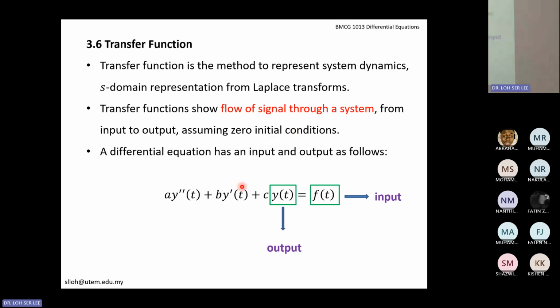Okay, so this is an equation that has an input and output. This F(t) is the input. And when you solve this differential equation, your final solution is y(t), right? This is your final solution.